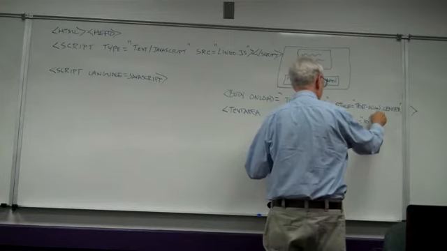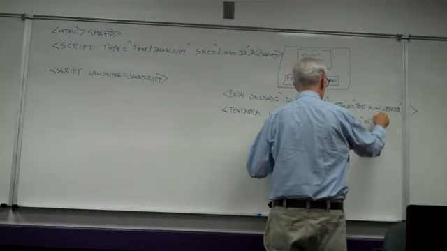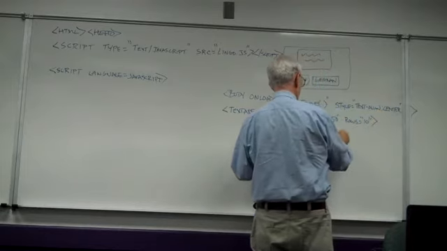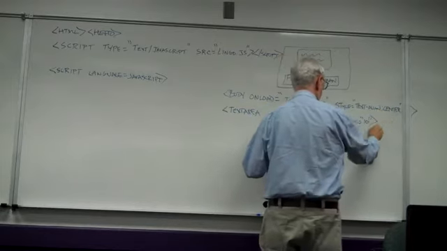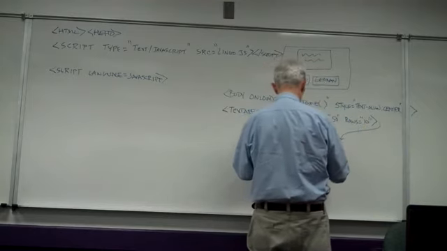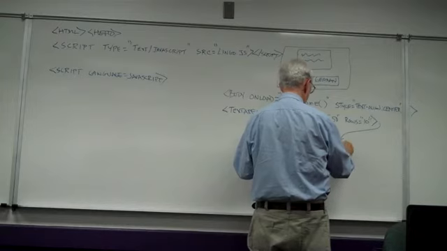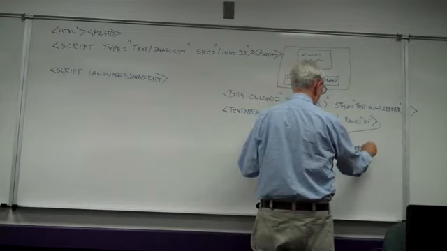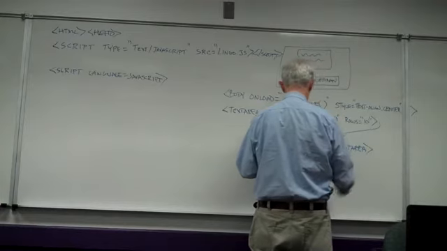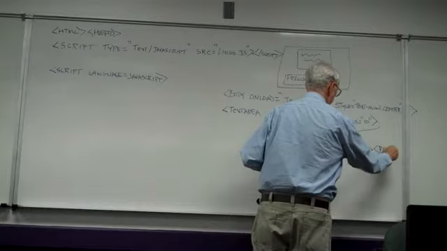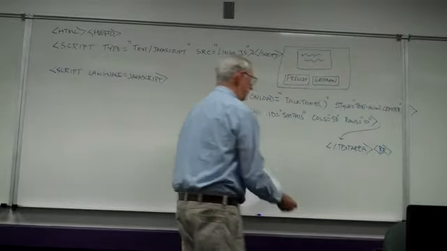So what I'm going to do is I'm going to shut this down right here. And I'm going to say, right in this spot right here, I'm going to write slash text area. Like so. Okay. Now, I'll probably put a couple of returns here just to get it to drop down.